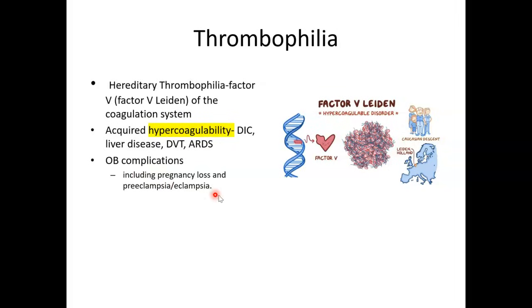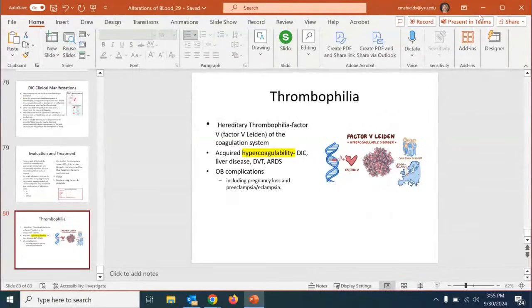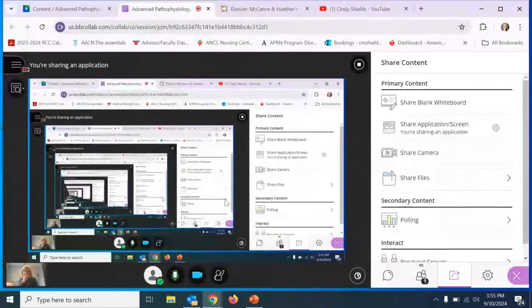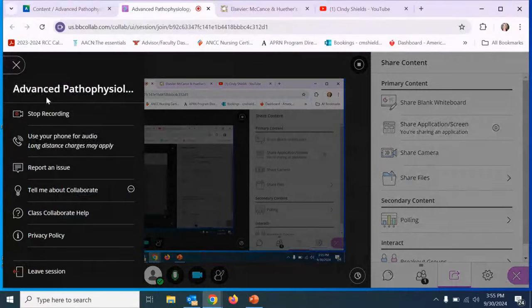It could include pregnancy loss, preeclampsia, eclampsia, any type of OB emergencies, unfortunately. All right, well, that was very long and it's over. So again, just take up one topic at a time and try to make sense of them.